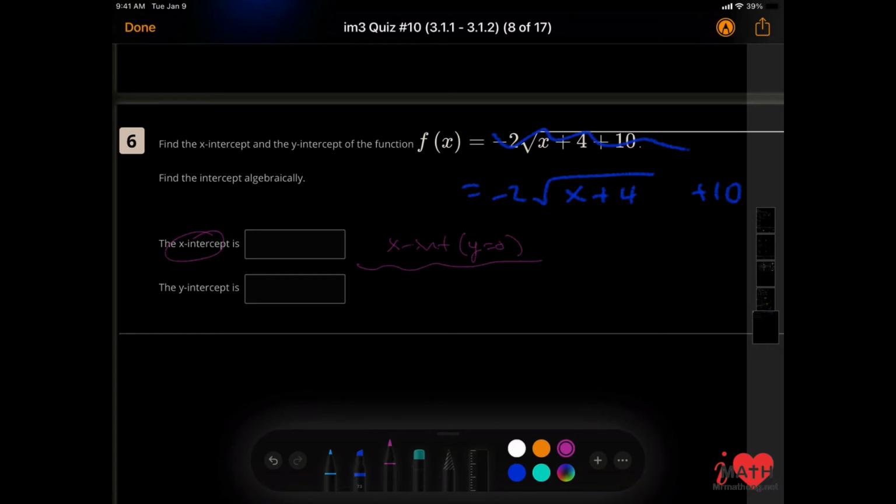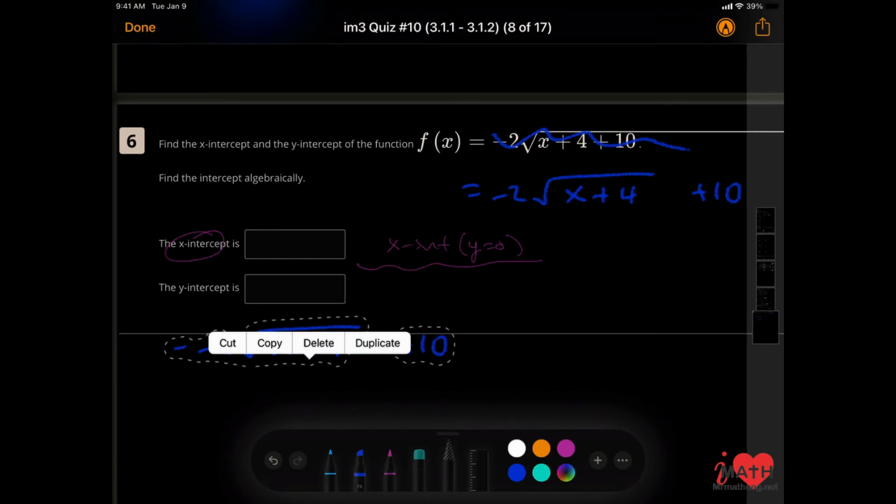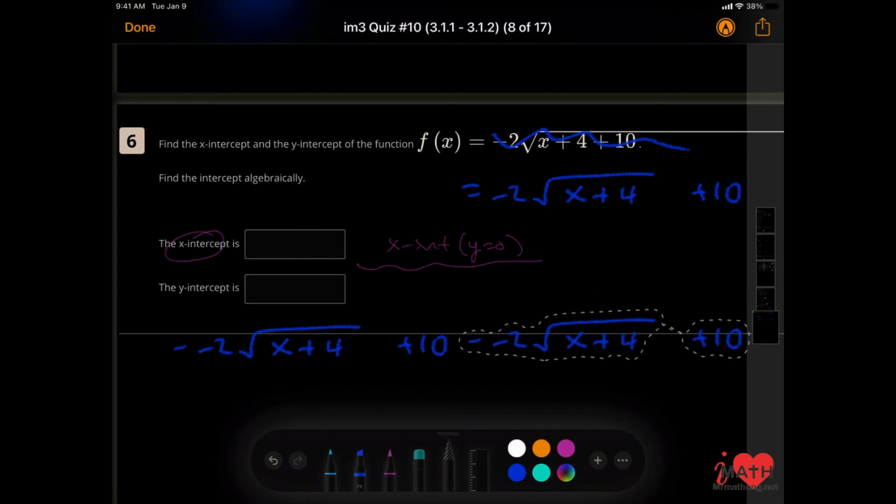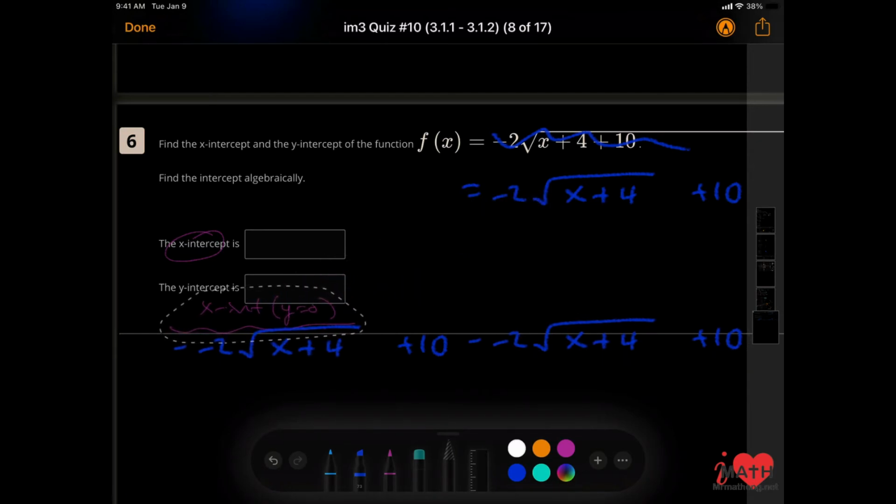So I'm just going to copy this and paste over here, and we'll do that over here too. So we're going to have to do this problem twice. And while we're at it, let's copy this one and move it over here.